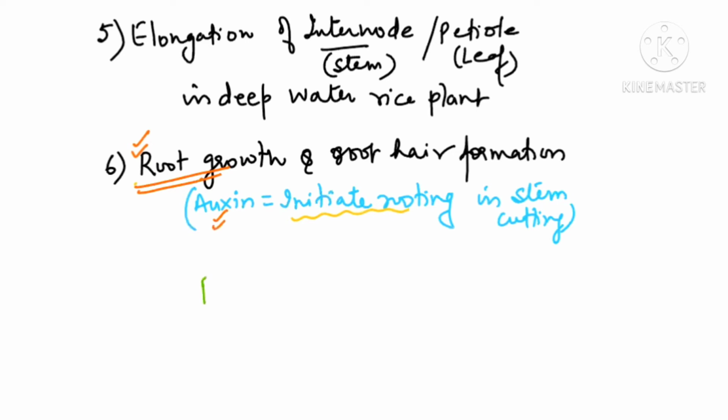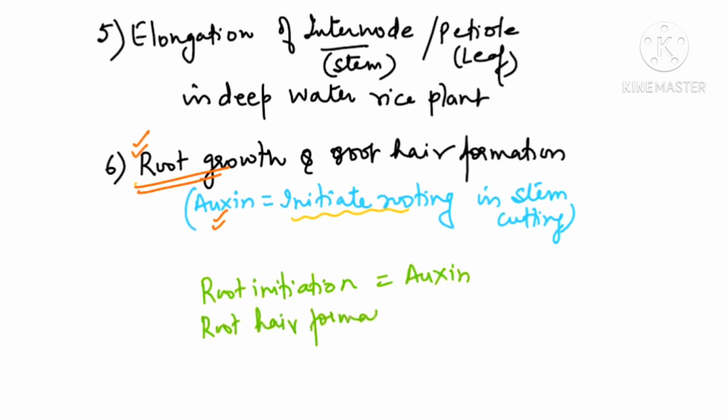If they ask you root initiation, then obviously your answer is auxin. And if they ask you root hair formation, then your answer will be ethylene. Is it clear? Ethylene is responsible for root hair formation. So this is the way the questions are asked.